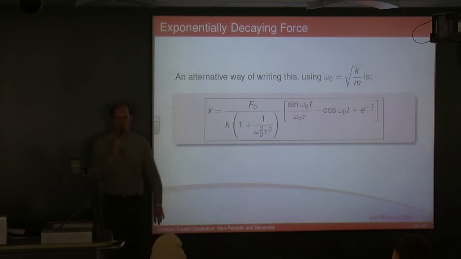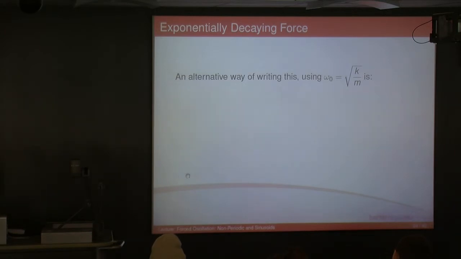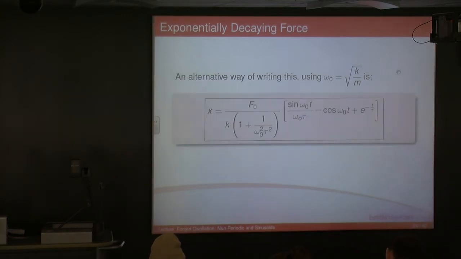Now what's interesting about this, if you remember, for the rectangular step forcing function, we had x equaling f naught upon k times 1 minus cosine of omega naught t.